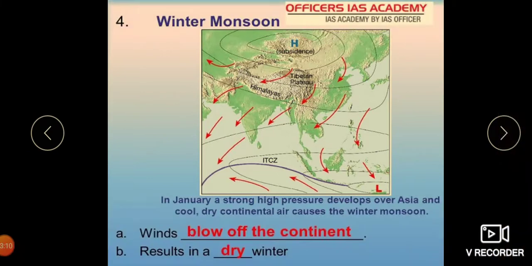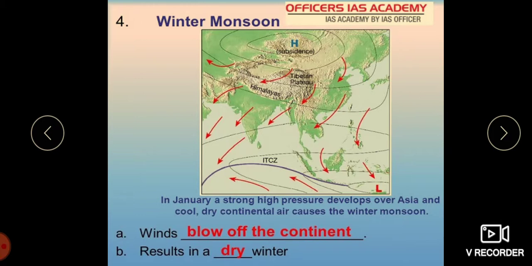During this time India gets the oblique rays of the sun. So the temperature and the humidity are low, and the sky is very clear. During this period, in the north it is cool, and in the south it is warm.